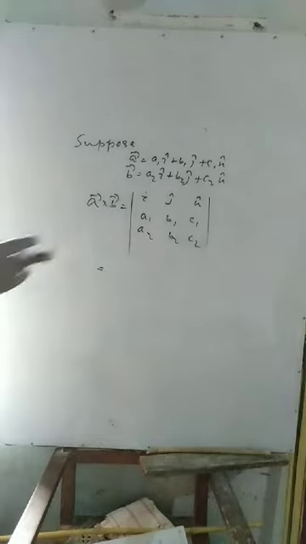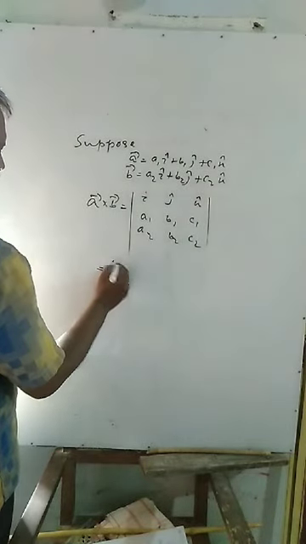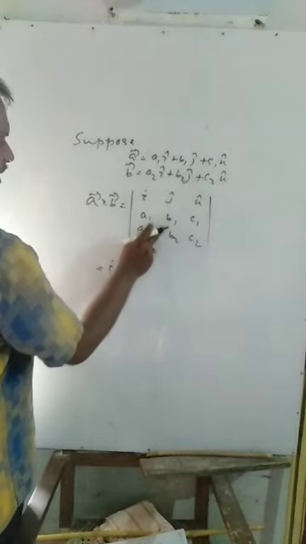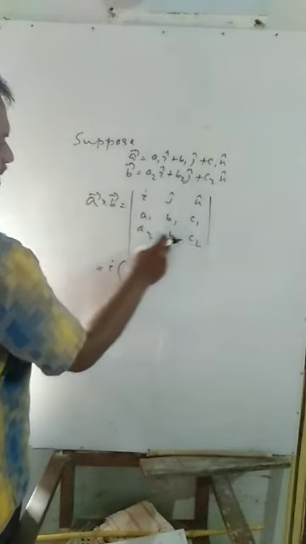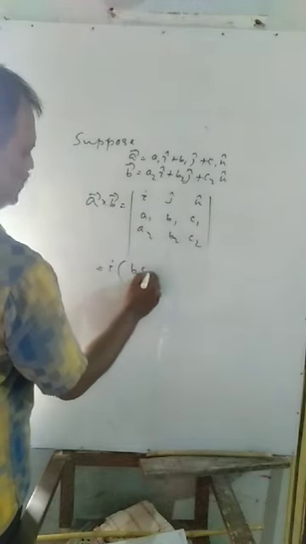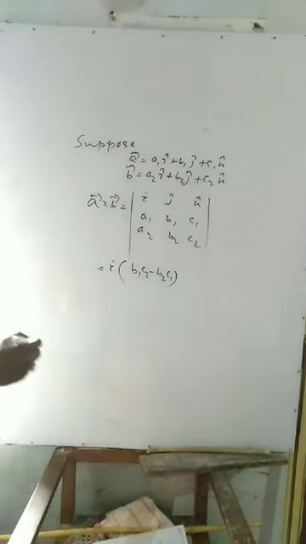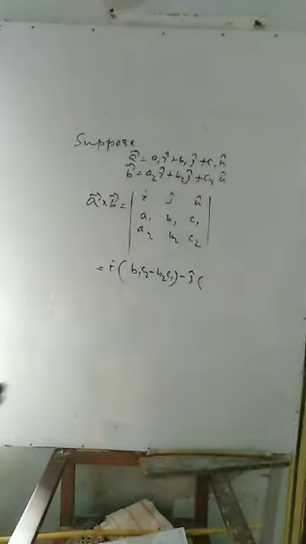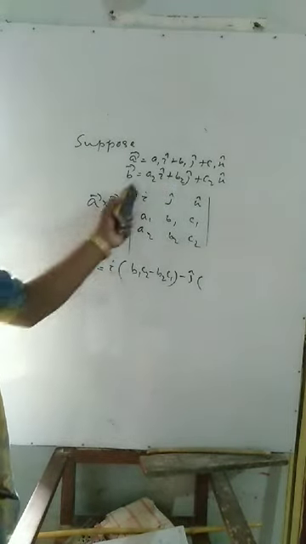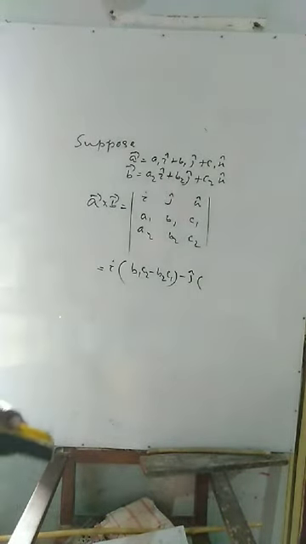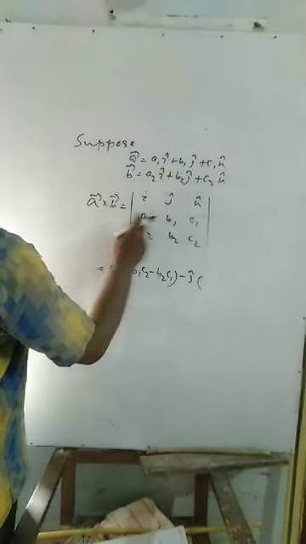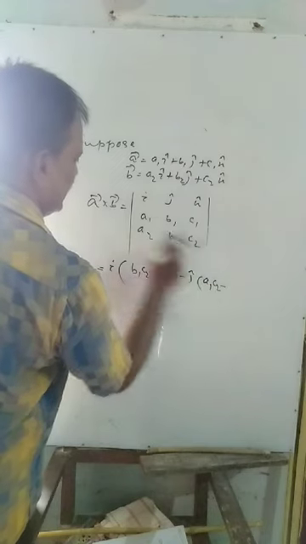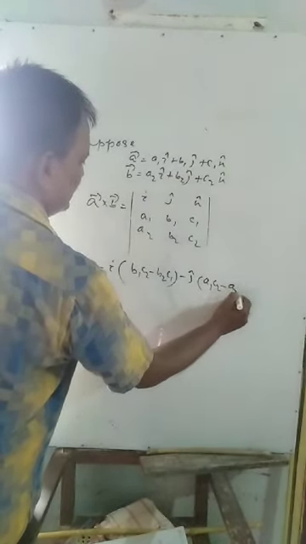Then open this determinant and evaluate it. I cap into, leaving this row and column, B1 C2 minus B2 C1. Second, minus j cap into, deleting this row and this column, A1 C2 minus A2 C1.